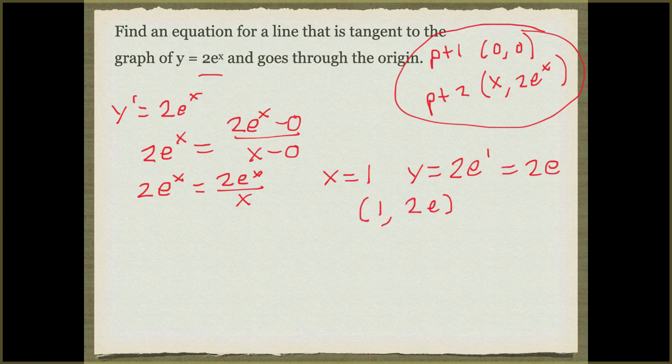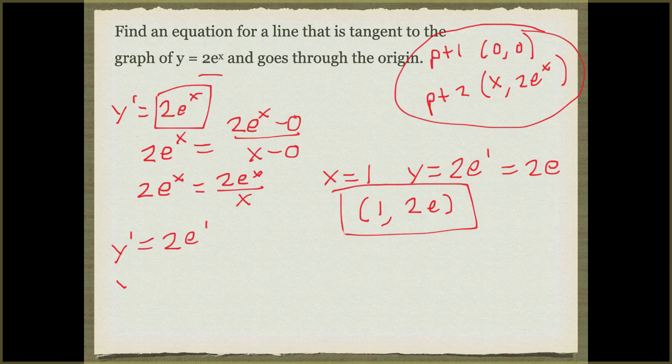We have a point. We have a slope, but this slope still is in a function form. We know our x value at our point of tangency is 1, so we can actually find our value for y prime, our slope. So our actual slope would be 2e to the first power, and when you do this, you get our slope, our y prime is 2e.